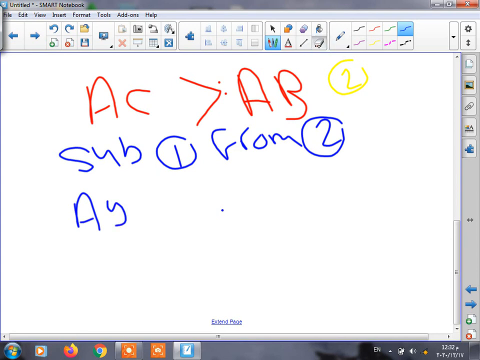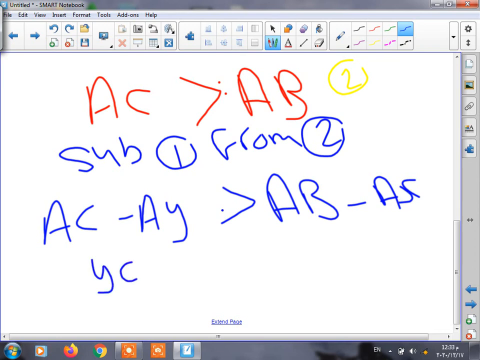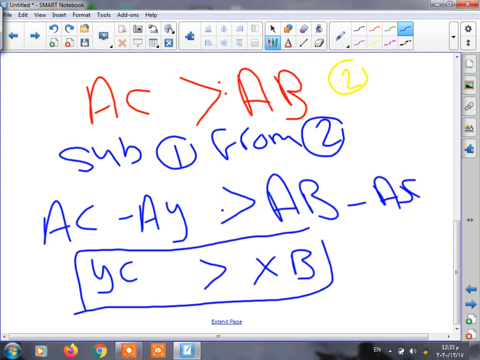AC minus AY, and we said that the sign stays as it is, AB minus AX. When you cut AY from AC, the remainder will be YC. And when we cut AX from AB, the remainder will be XB, and the sign stays as it is, bigger, because we subtracted a constant value.